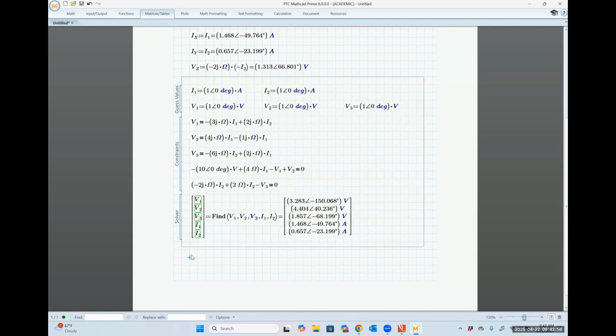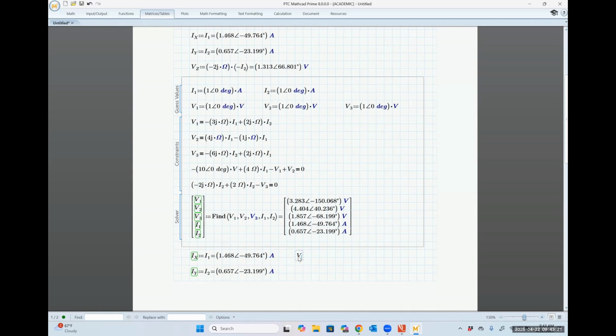And my X was the same as I1. I got the same answer as before. Y was I2. Same answer as before.